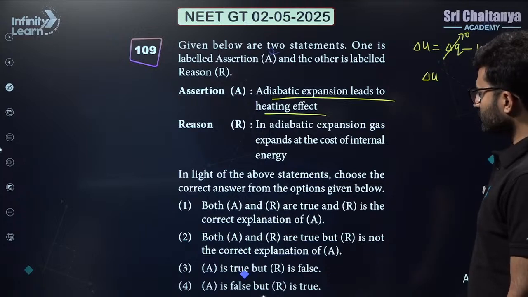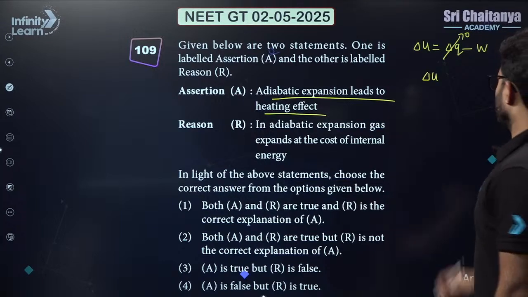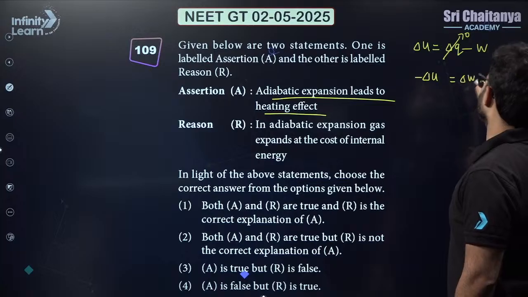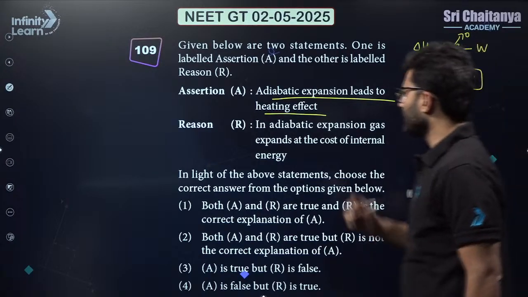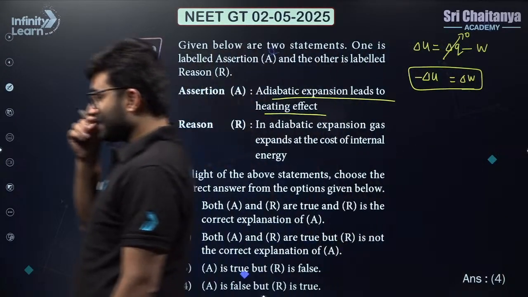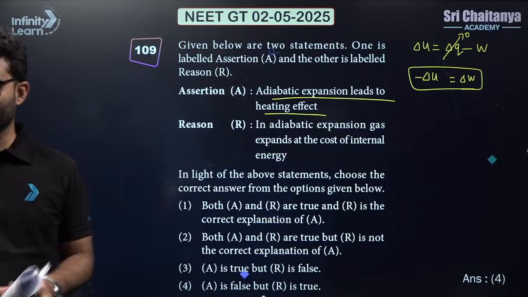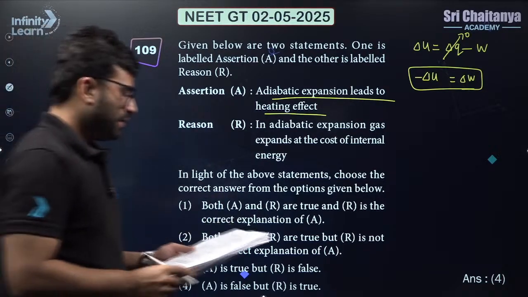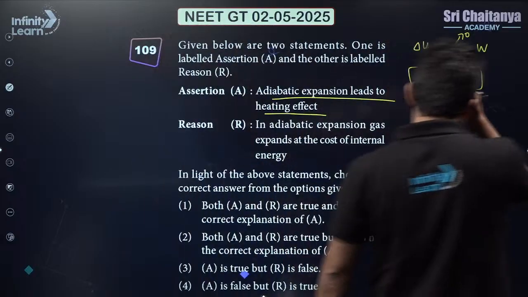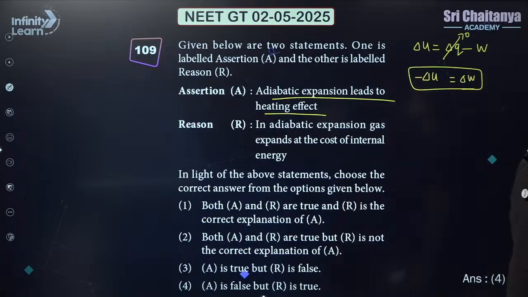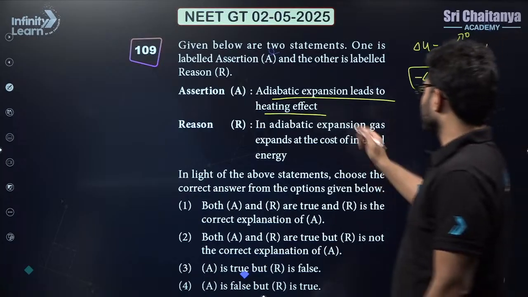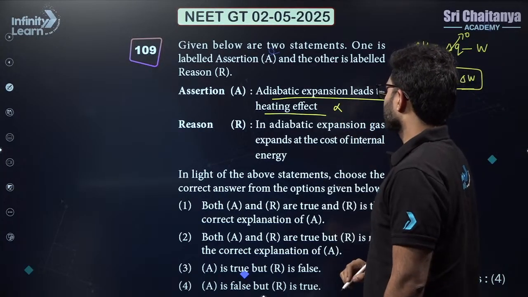Now this is 0. So minus delta U is delta W, or change in work done, whatever you want to say, right? So if the expansion is happening, there can be a cooling effect also, right? There can be a cooling effect also. So this statement is basically wrong, correct?